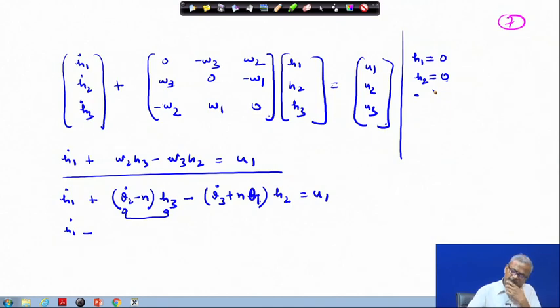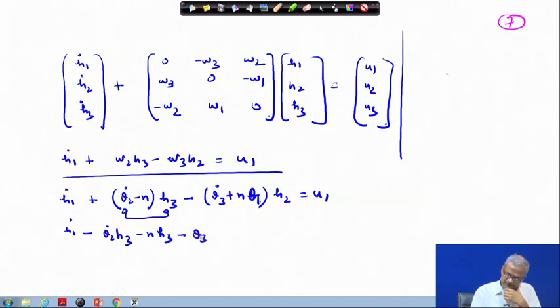This part is for the rotor dynamics. Let me explain what we are doing. H 3 minus n times H 3 minus theta 3 dot times H 2 minus n times theta 1 S 2 times U 1.